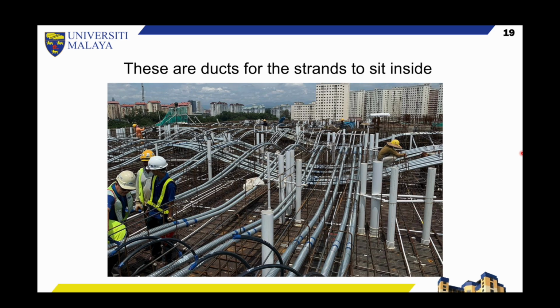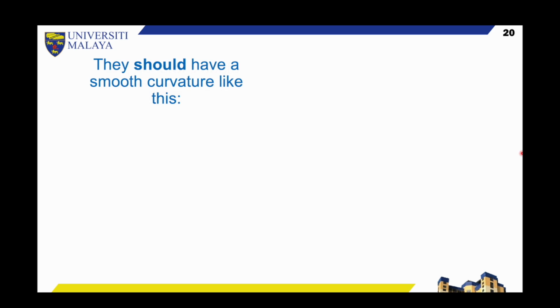So this is a pre-stressed concrete slab, which has ducts for the strands to fit inside. And due to the nature and shape of these ducts as they are laid out, in a certain way for the moments to be occurring at the correct places, there will occur friction.